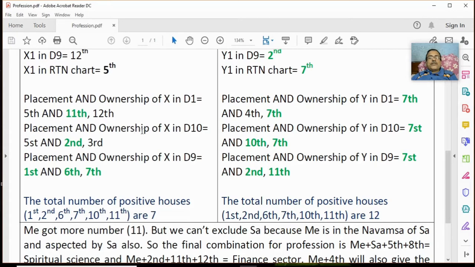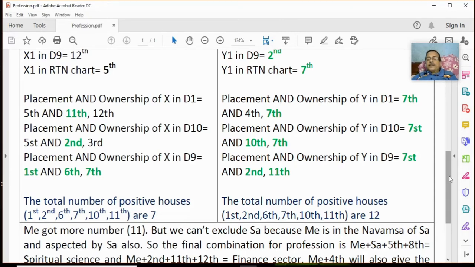In D10, Saturn is 2nd and 3rd lord placed in 5th. In D9, Saturn is 6th and 7th lord placed in 1st.